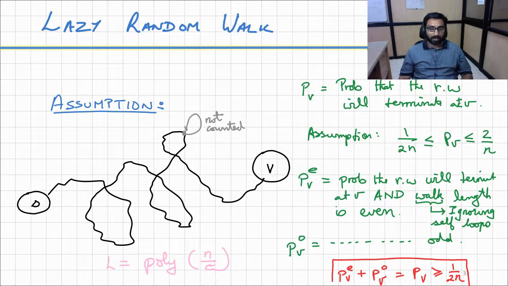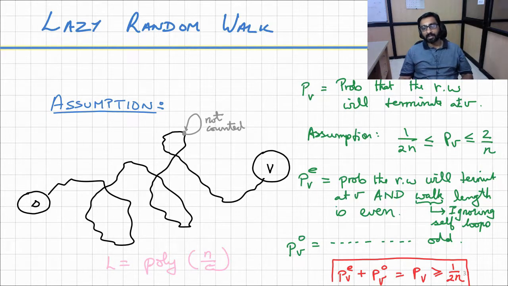Now, having convinced yourself that the stationary distribution under a lazy random walk is actually the uniform distribution, and coupling that with the fact that our random walks have walked for mixing time number of steps, we can assume that PV, the probability that the random walk will be at V, is close to 1 by n.